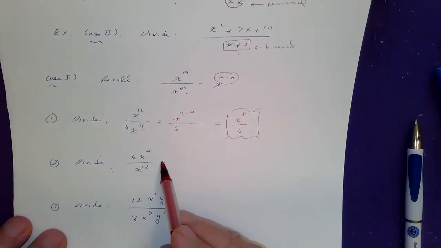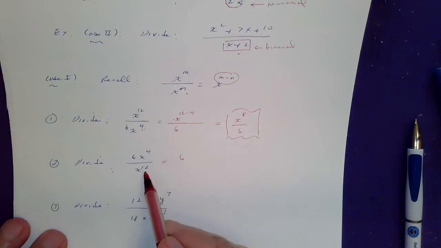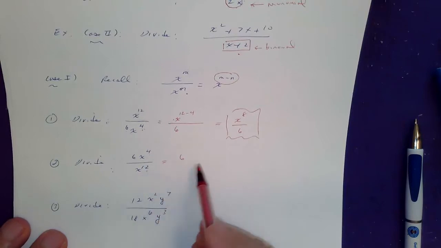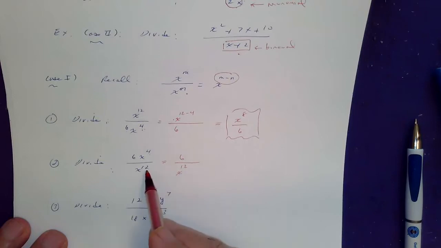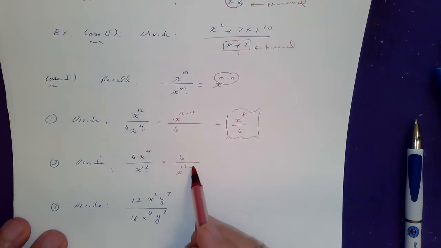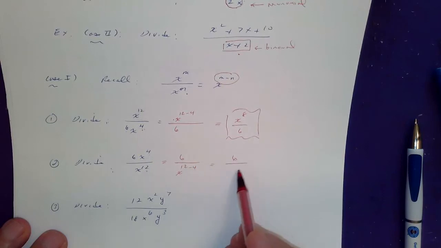On the other hand, suppose I put the 6, but now I've got x to the 4 divided by x to the 12. Because the power of the bottom is greater than the top, the answer stays at the bottom. So the answer is 6 divided by x to the 8.